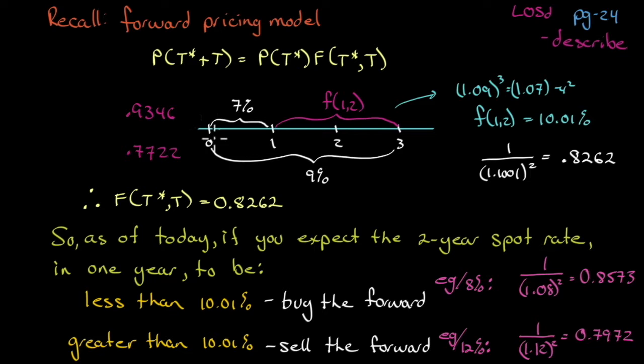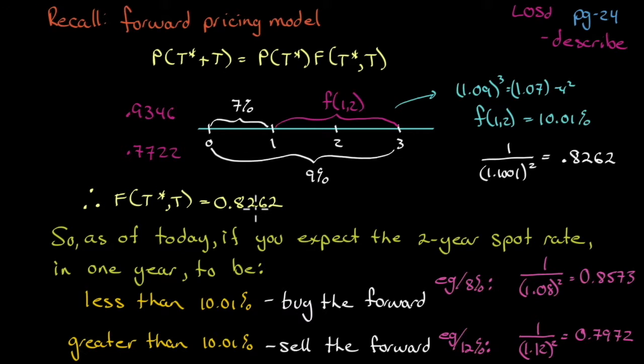If we could enter into a 1-year 0 today at 7%, and at the same time enter into a forward agreement for a 0 where we're going to pay 8.262, it would be the same thing as entering into a 3-year at 9%. That's the whole idea behind pricing the forward. It's implied by the shape of the curve. Okay. So therefore, our forward price will be 0.8262.